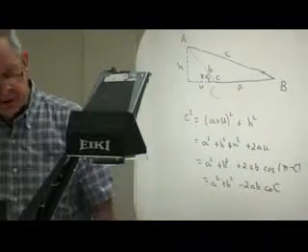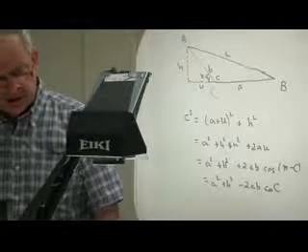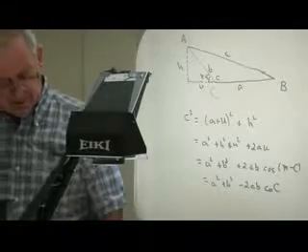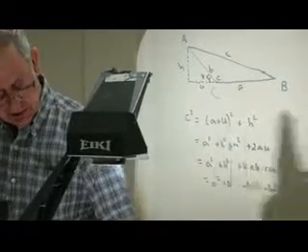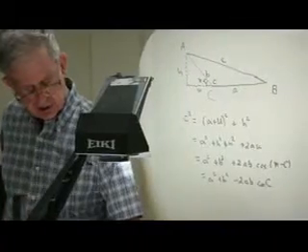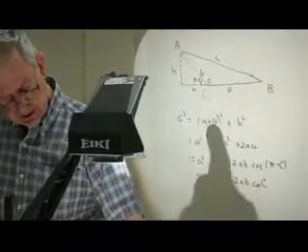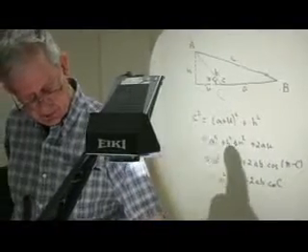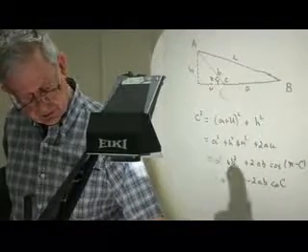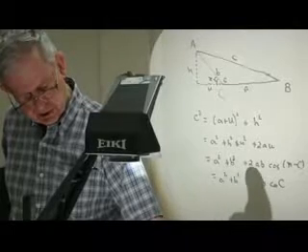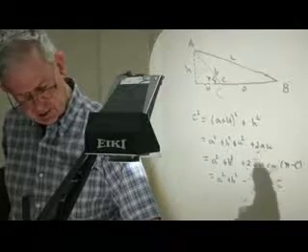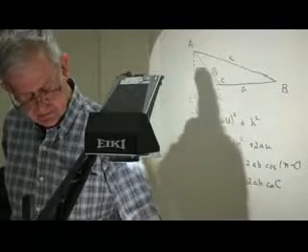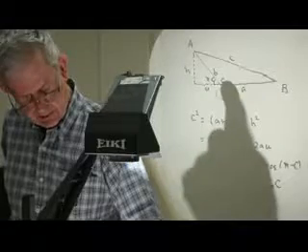The same thing works for the law of sines, except we haven't yet defined sine and cosine beyond angles of 90 degrees. But here's how you do it. C squared is (a plus u) squared plus h squared from the Pythagorean theorem. And again, h squared plus u squared is b squared, so we get a squared plus b squared plus 2au, and that's cosine of pi minus c in this little triangle right here.